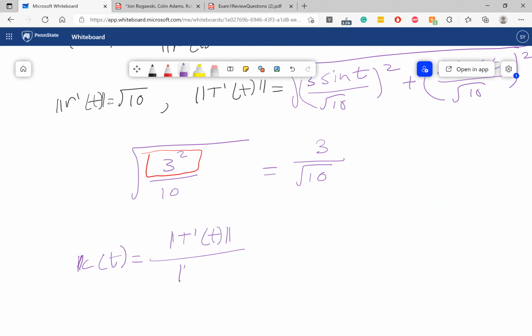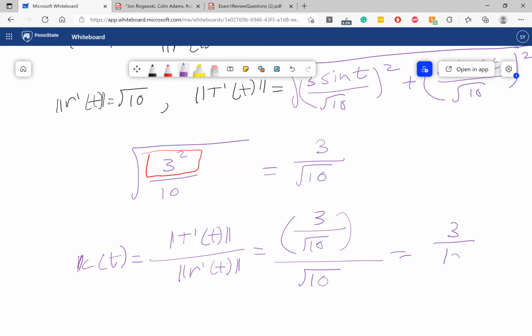And that is going to be 3 over the square root of 10 divided by the square root of 10. And this is going to be 3 over 10. So that's our curvature.